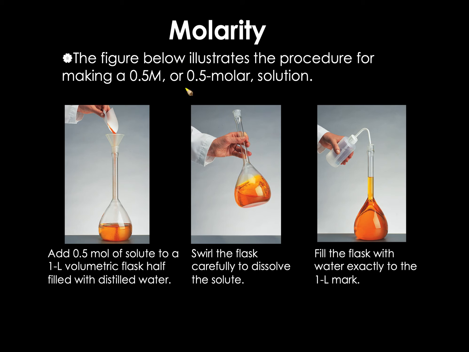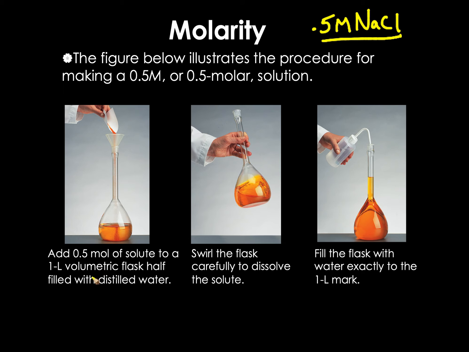If we want to make this, say 0.5 molar NaCl, it says add 0.5 moles of solute to a 1 liter volumetric flask, half filled with distilled water or deionized water. All right, so we look at this 0.5 moles.